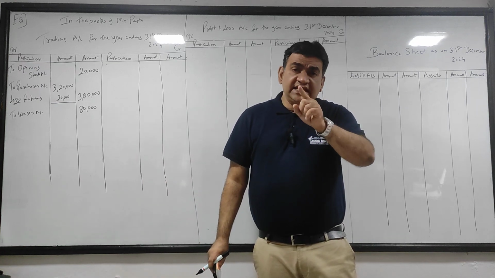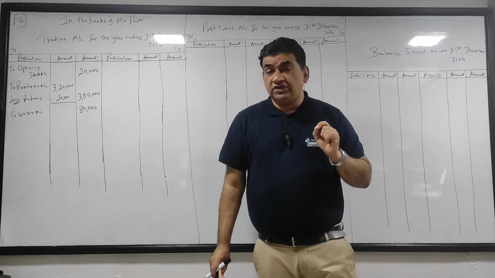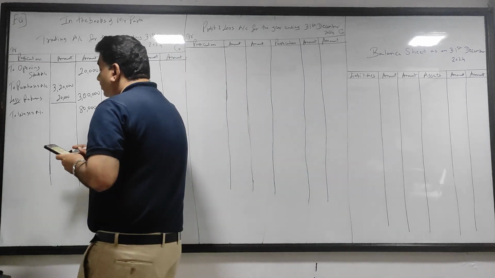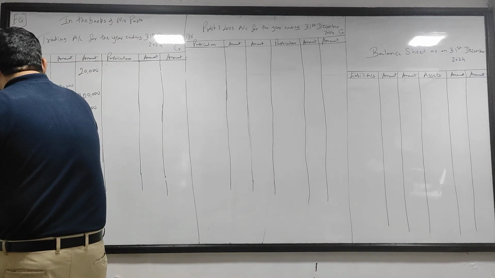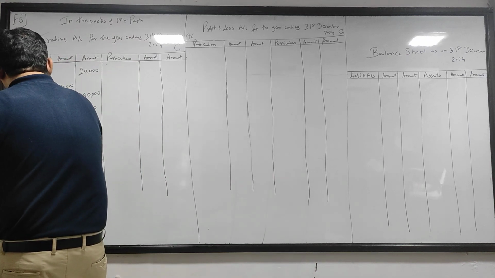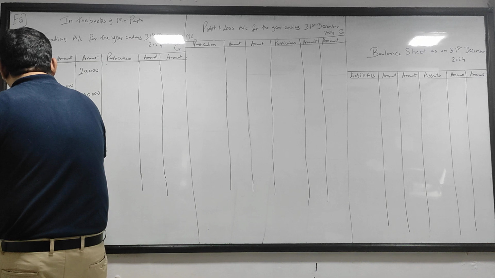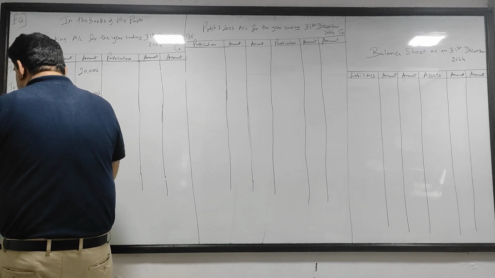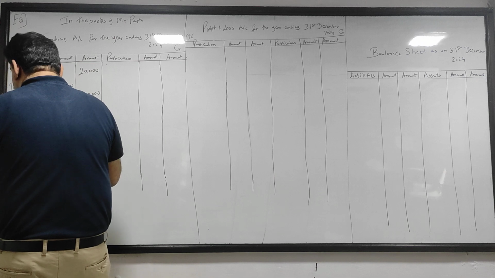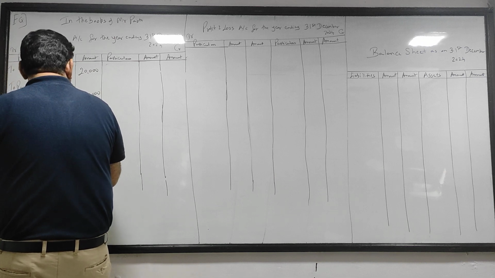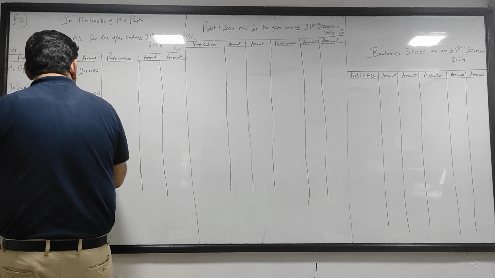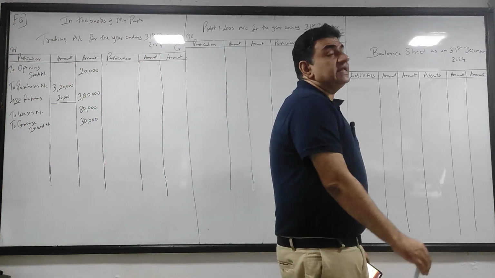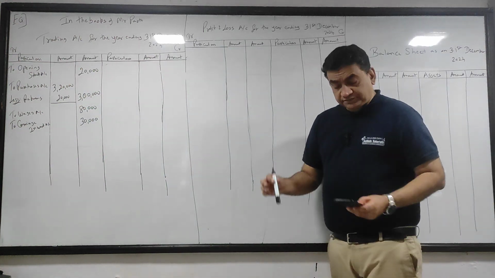Remember, any expense paid on purchase or production of goods is a direct expense and therefore it will be debited to trading. So carriage inward, come to the debit side of trading account, right there. To carriage inward account, that is 30,000.